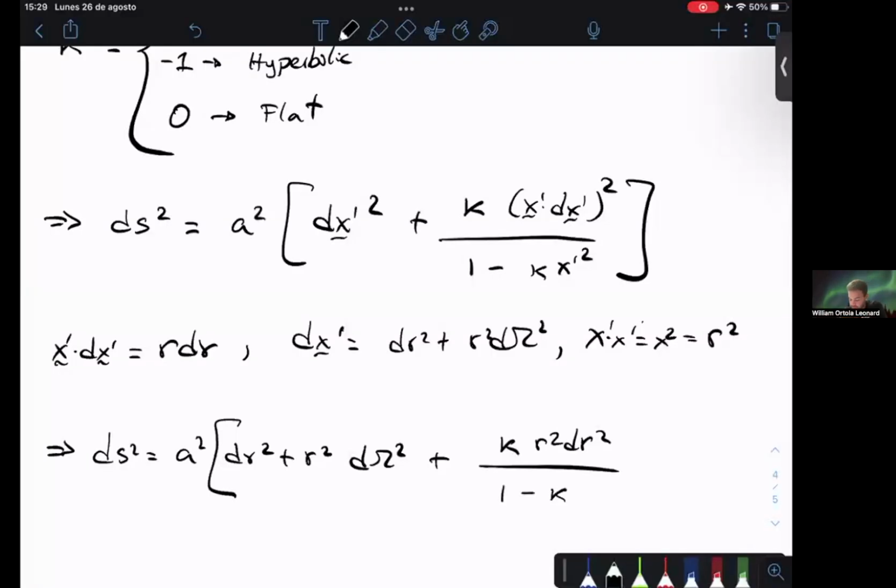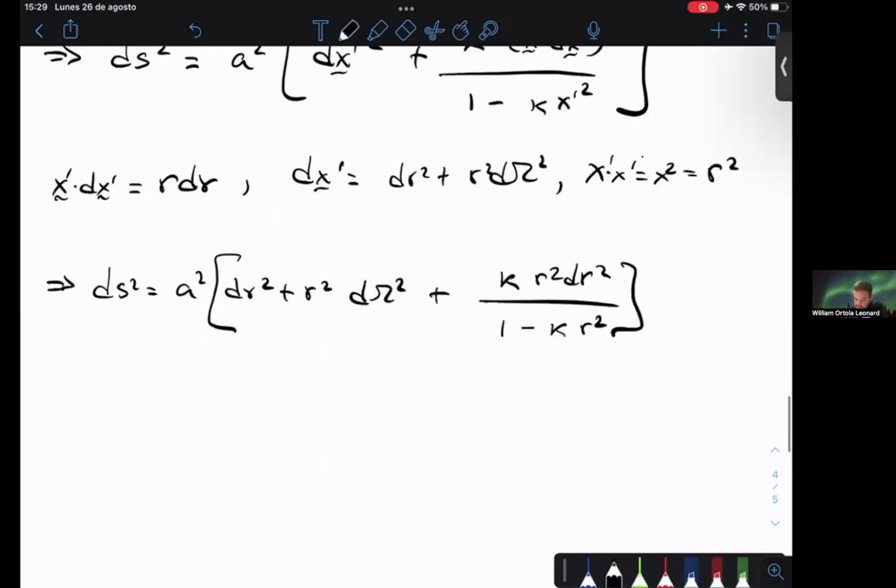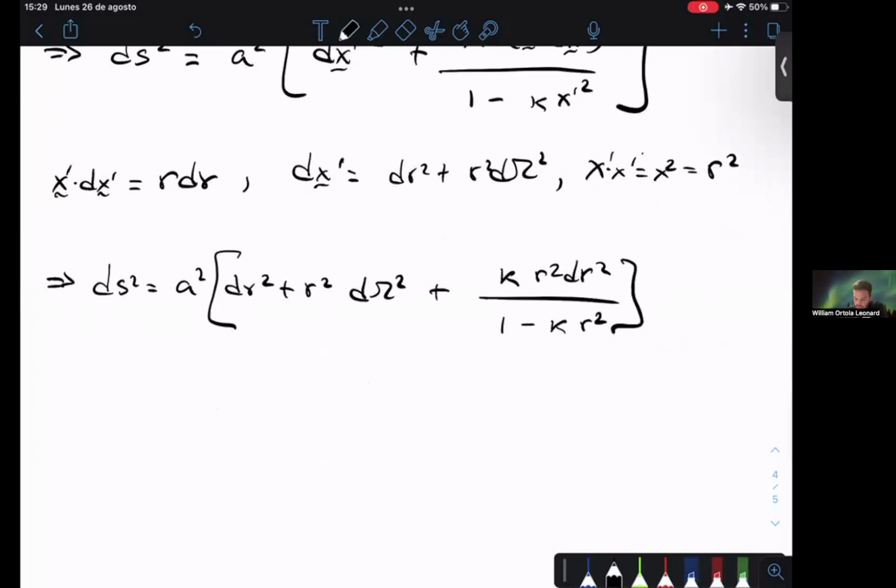Apologies, I had an interruption here, but as we were saying, what we have here in the denominator is 1 minus k times x prime squared, or sorry, in this case r squared, since we are already substituting. Now we only have to evaluate this term and this one.